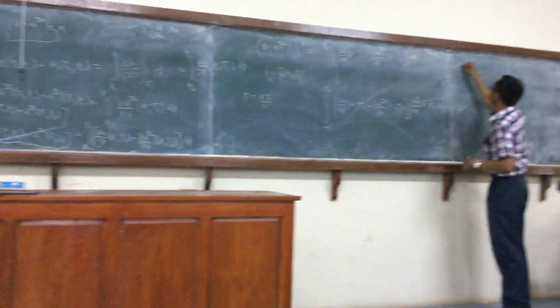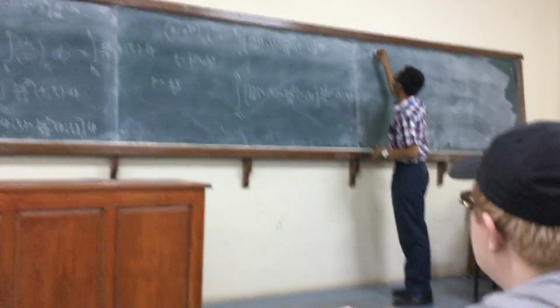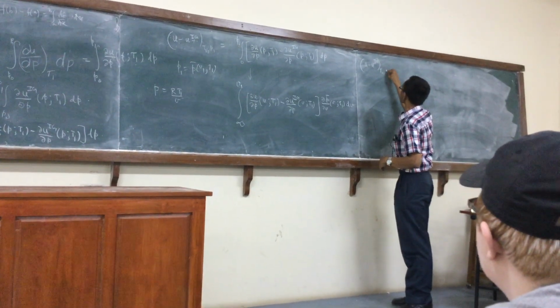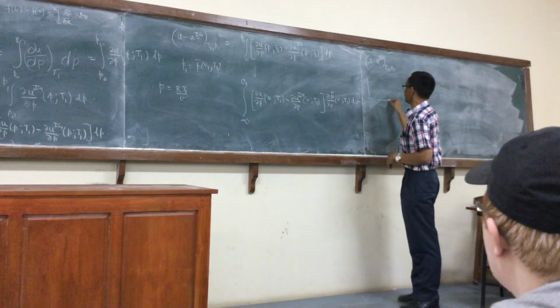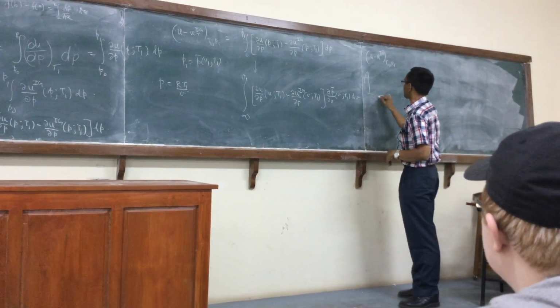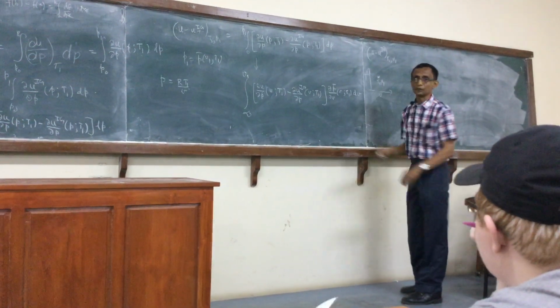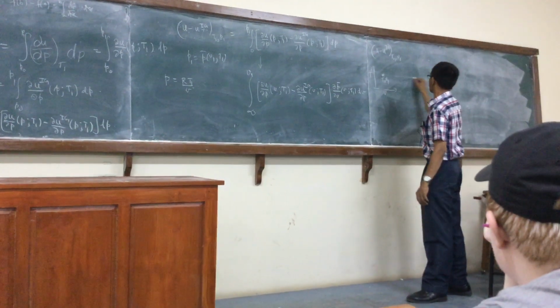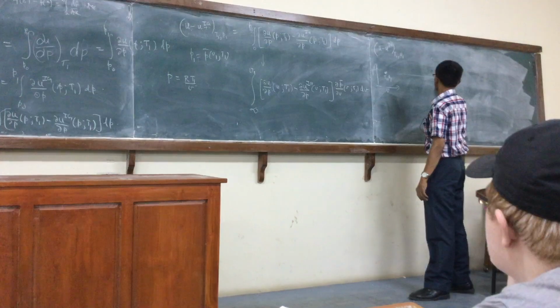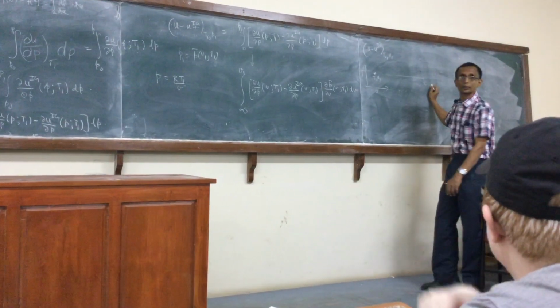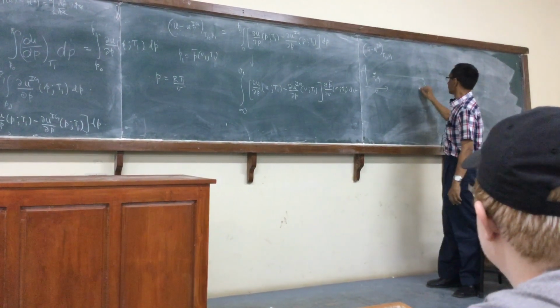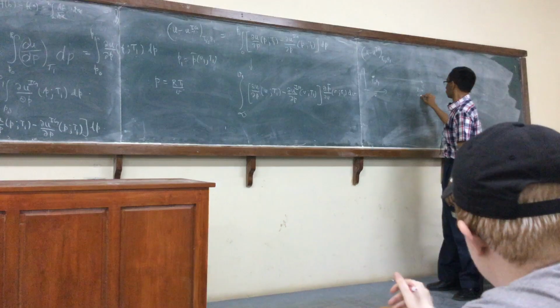So I will write it. For the actual substance, I am given T1 and V1. So I have to consider a very high, let's say V naught, and then take the limit as V naught goes to infinity.